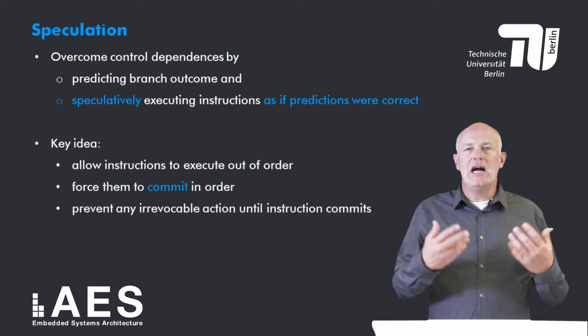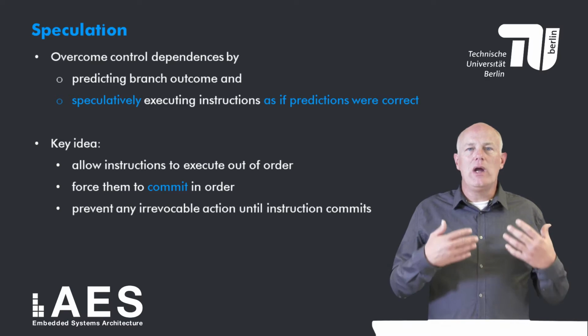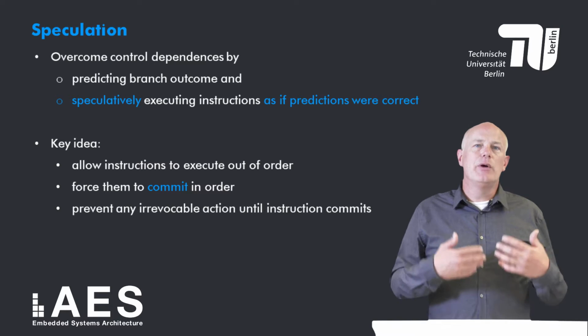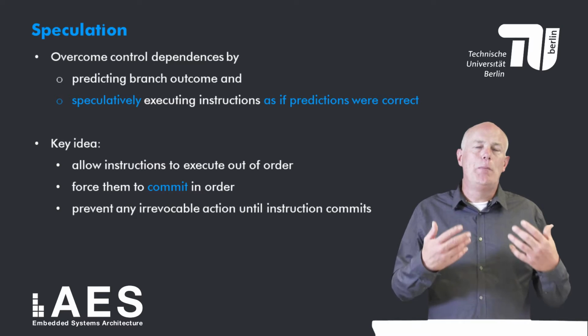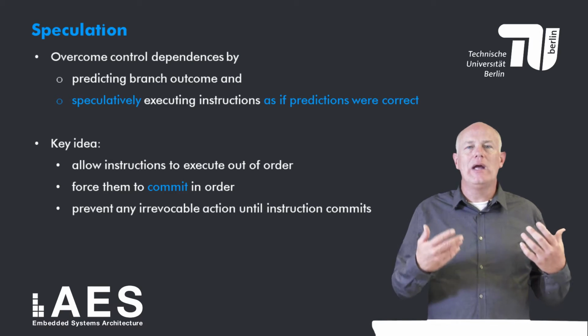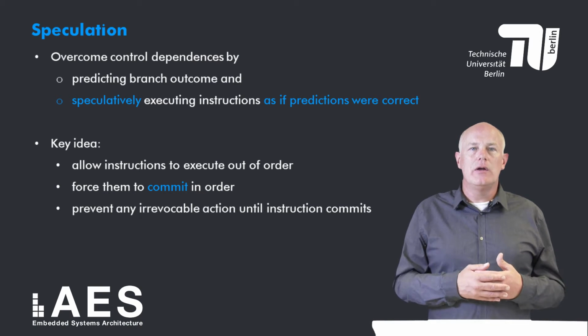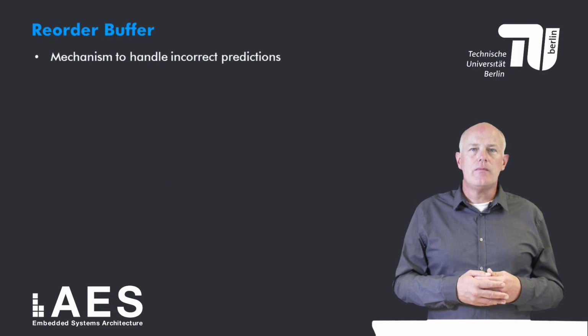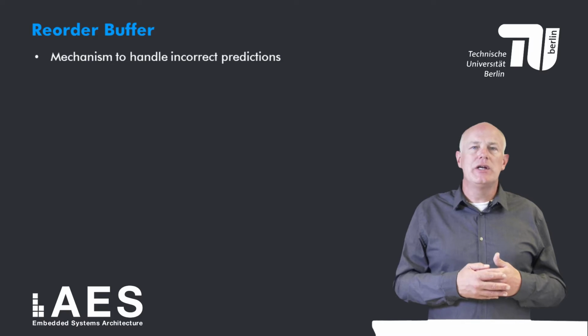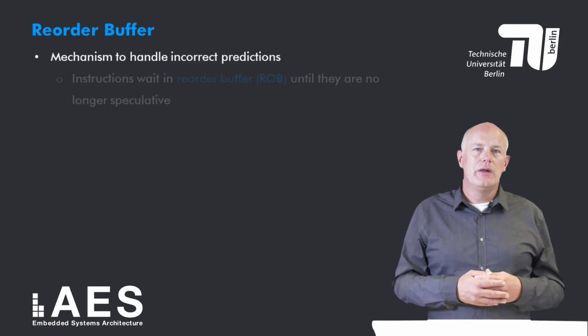The key idea behind speculation is the following. We allow instructions to execute out of order and speculatively, but force them to commit or complete in order. Furthermore, the instructions are prevented from doing anything that cannot be undone until they commit. The hardware structure needed to support speculative execution is called the reorder buffer.